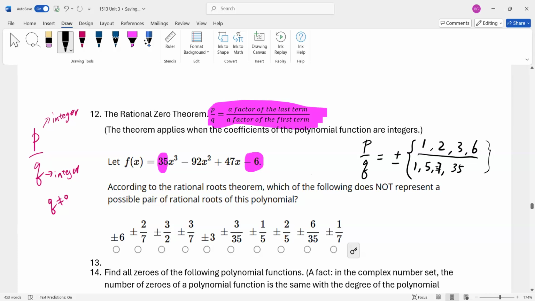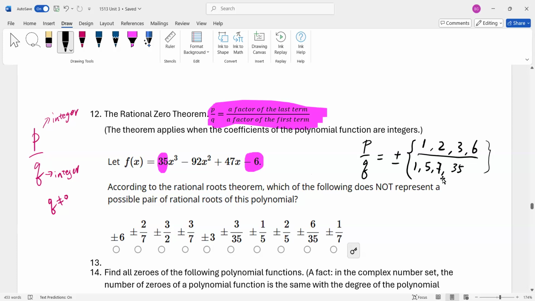So this is how I take notes, apply the theorem. I write P over Q equals plus minus, and then put braces. In the braces, I have a fraction bar. Above the fraction bar, I have all the factors of the absolute value of the constant term in the polynomial.